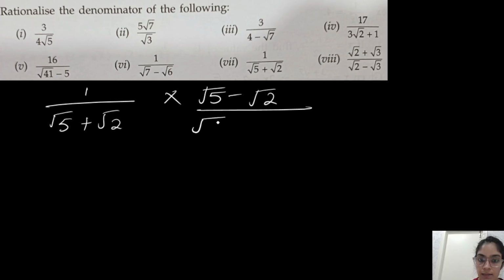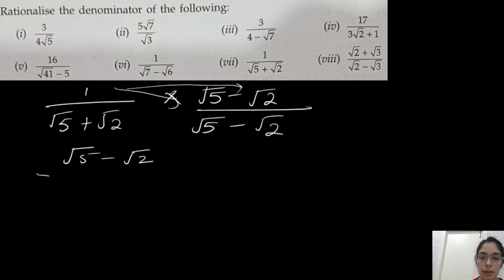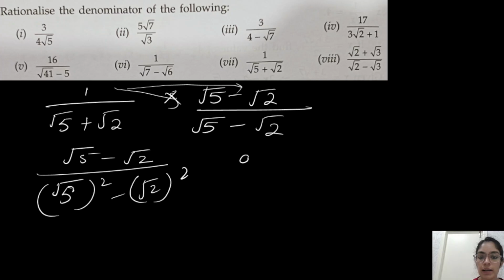So next part, root 5 plus root 2. Same, root 5 minus root 2, because here plus is there. So root 5 minus root 2 with 1, if I am multiplying, in the denominator we have to do a square minus b square. A is root 5, b is root 2.